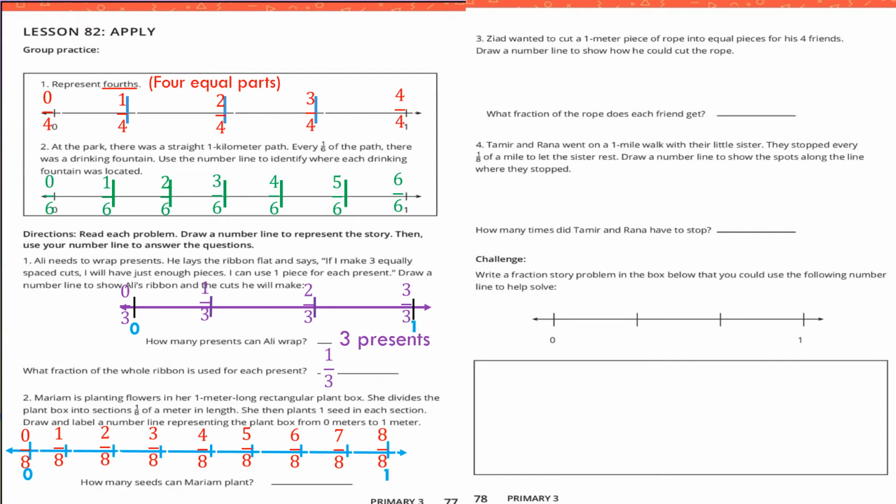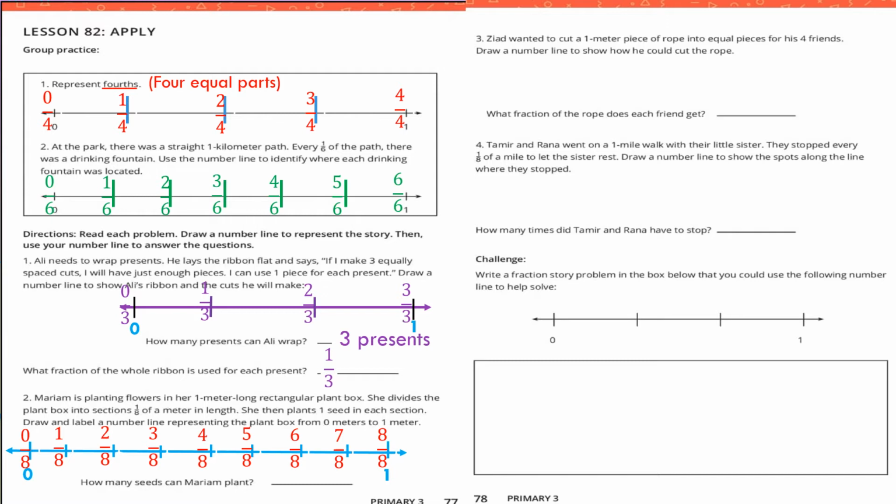Okay? We have a question down. How many seeds can Mariam plant? Okay, Mariam plants one seed in each section. And I said we have how many sections? 8 sections.